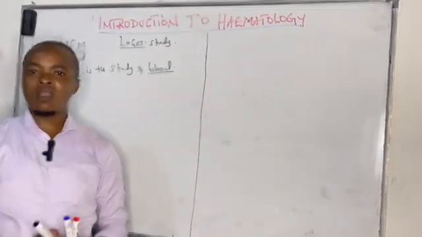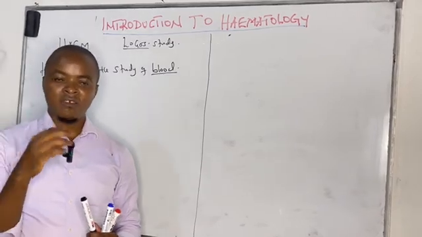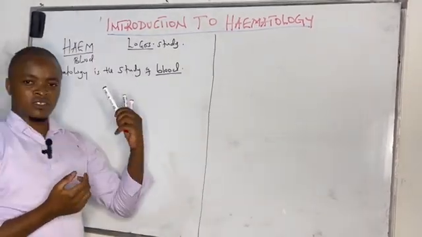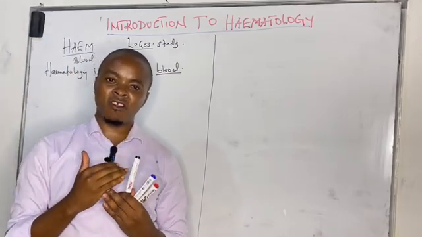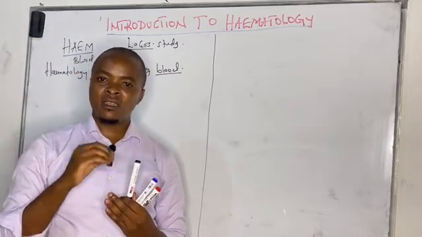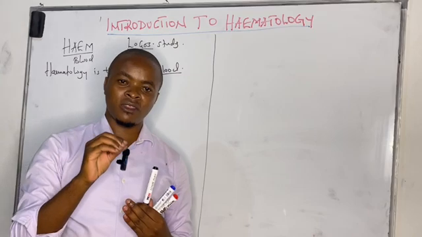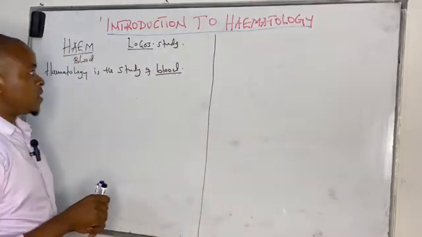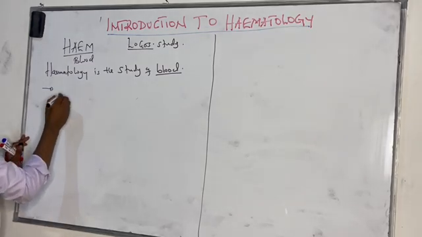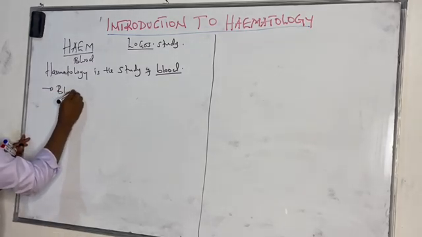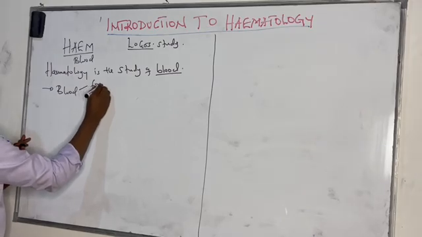We want to know what is blood. After knowing that hematology is the study of blood, or the branch of science that deals with the study of blood, we are going to go further and look at how blood is formed.